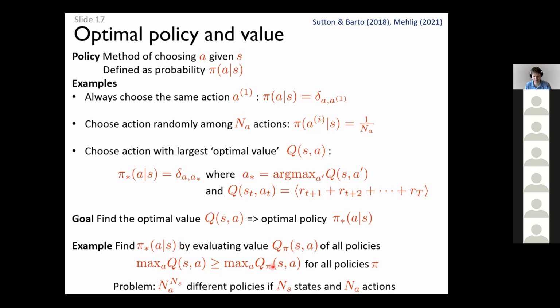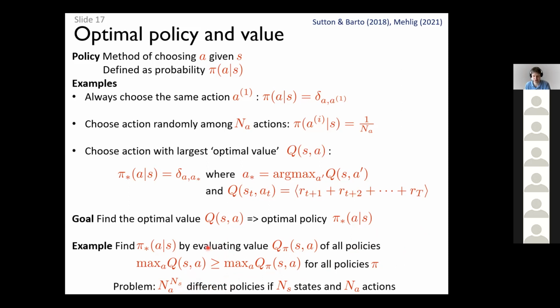It takes very long to evaluate the Q function for each policy. And the number of policies grows very rapidly: in each state you can take, say, NA actions, and if you have NS states, then there will be NA to the power NS different policies. This scales very badly with the number of states and actions.